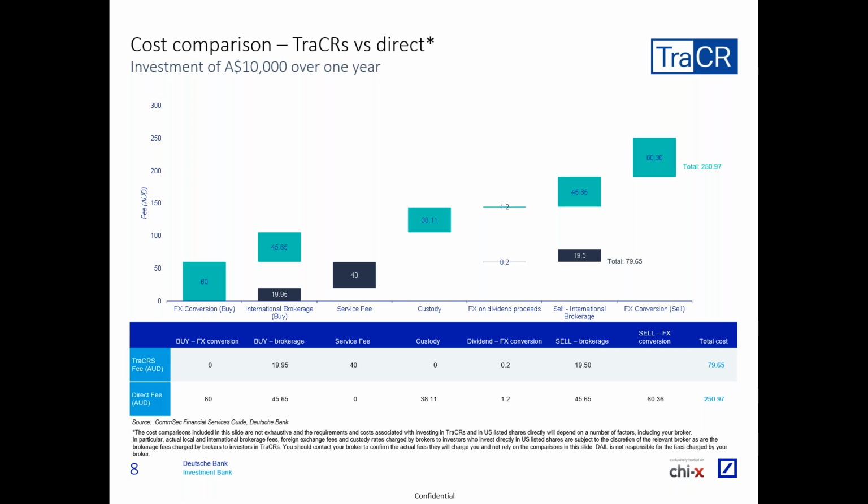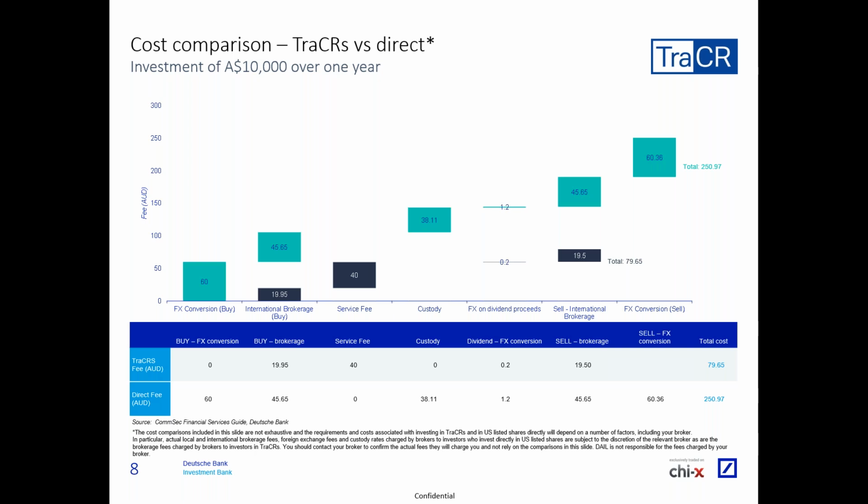Then international brokerage, as mentioned before, is more expensive than brokerage charged when buying Aussie securities. And then some custodians charge a holding fee, which all amount to a total cost of about $250. So it's $250 for a $10,000 investment and a holding period of 12 months.